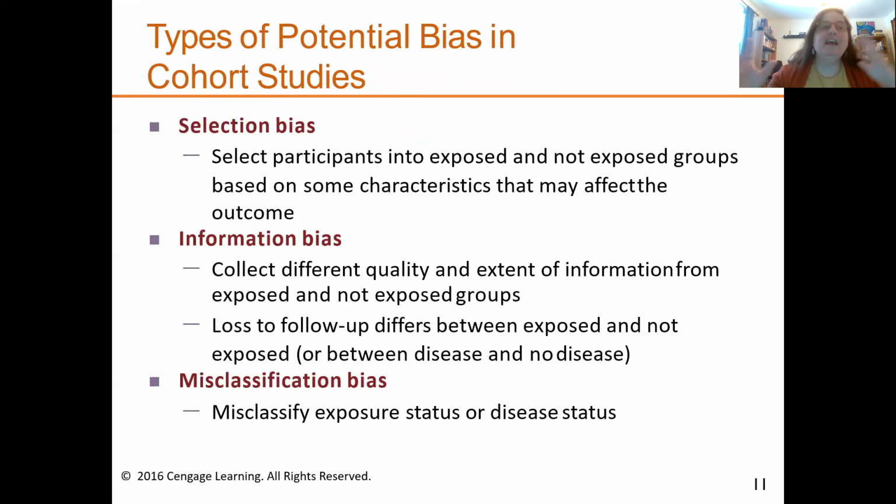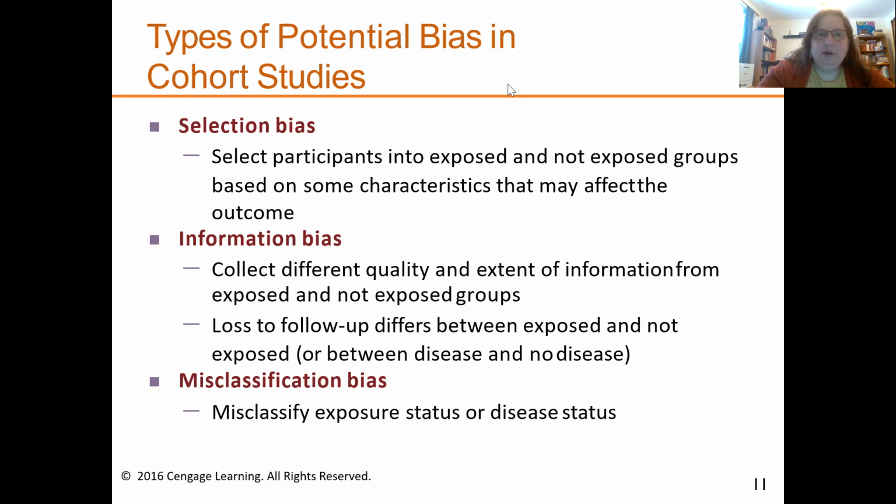Okay, so now let's talk about some types of bias that can happen. Selection bias: if you select participants into the exposed and not exposed groups based on some characteristics that may affect the outcome. How can this happen?